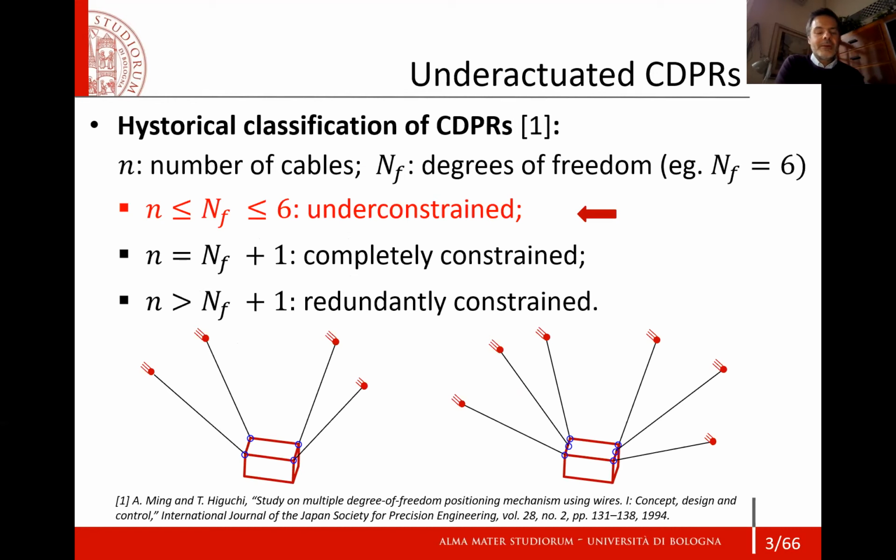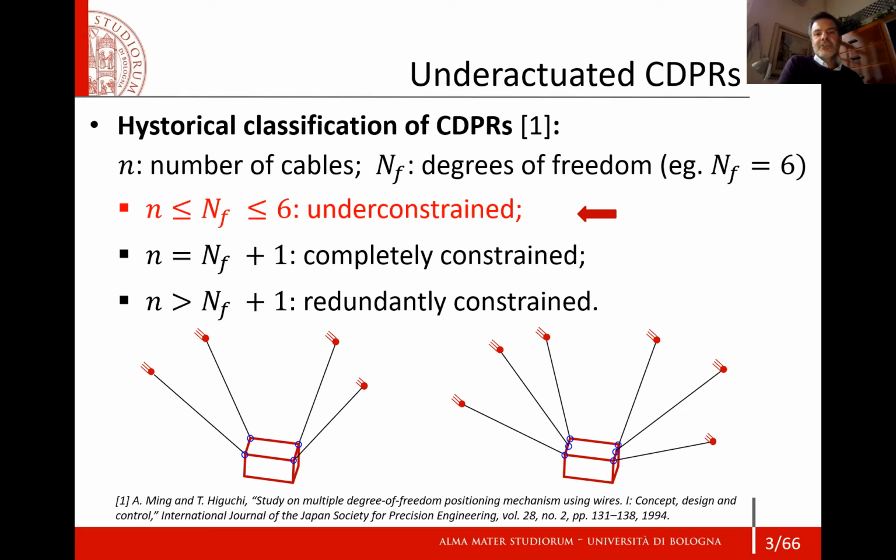Now, probably the most common classification of CDPRs that you are aware of is the one that comes from an old work by Ming and Higuchi from the 90s, that was followed by many in our community later on.